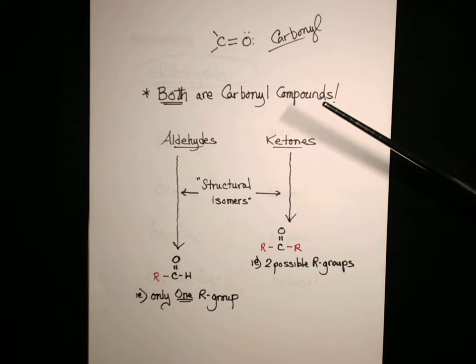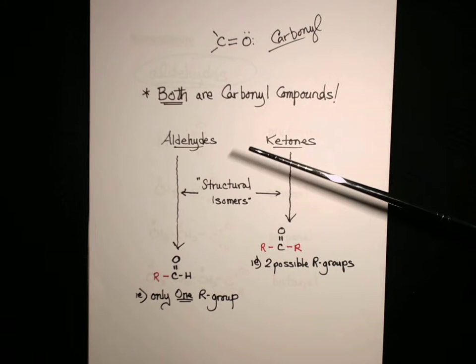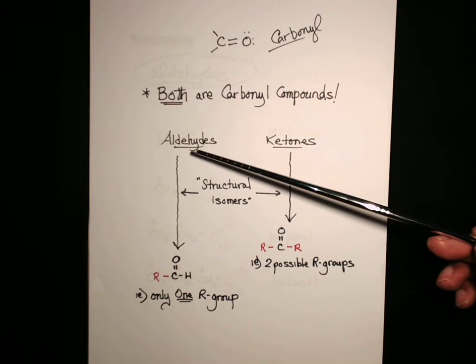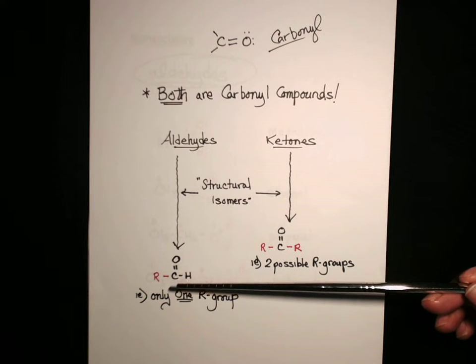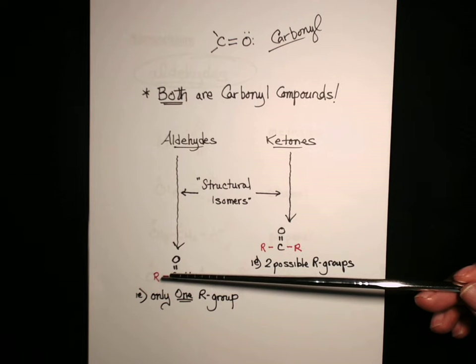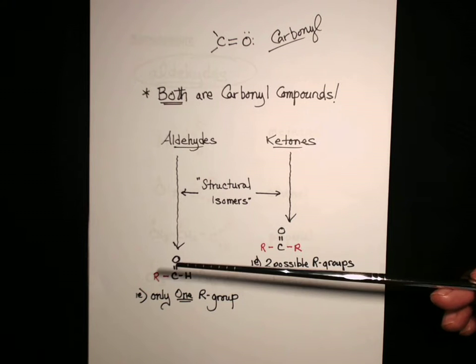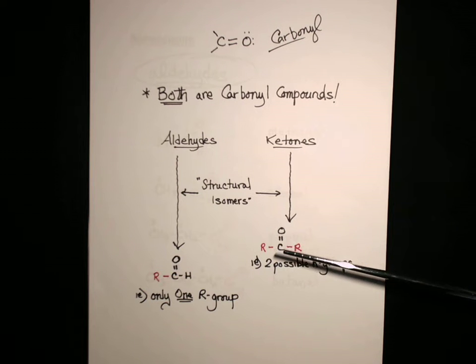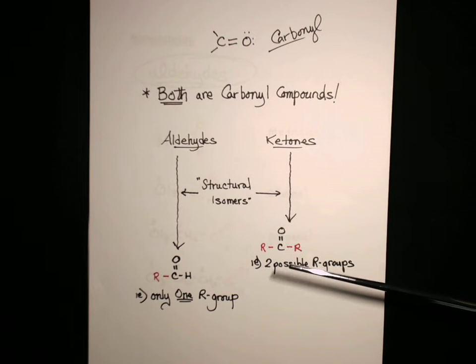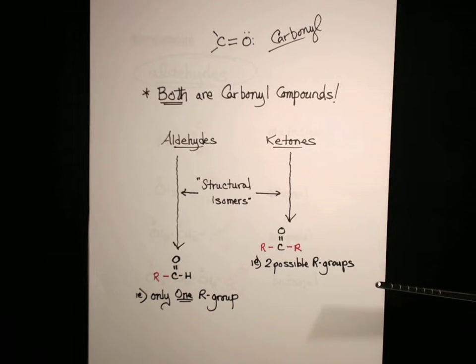The major difference between aldehydes and ketones is that with aldehydes, the carbonyl carbon is attached to just a single R group, whereas ketones have a carbonyl carbon attached to two possible R groups, and those R groups may be identical or they may be different.